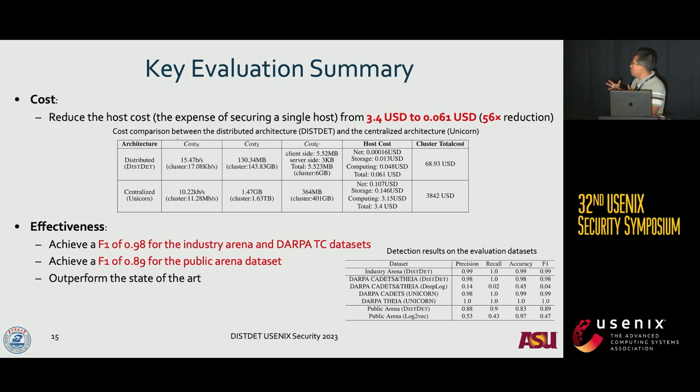We show that even by adopting the distributed computing architecture, we can still maintain the detection F1 at a high level. Essentially, we can achieve 0.98 F1 for the industry arena and DARPA TC datasets, and an F1 of 0.89 for the public arena dataset. We also compare with related work, and we show that we outperform all the related work.